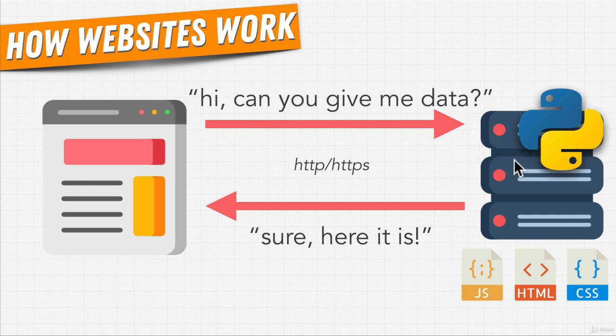So all this communication of, hey, can you give me data, can be interpreted in Python and then send this data to the browser using Python. And we're going to build our own server over the next couple of videos, but also touch upon these HTML, CSS, and JavaScript files so we can actually display something like a website.